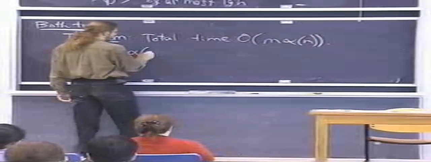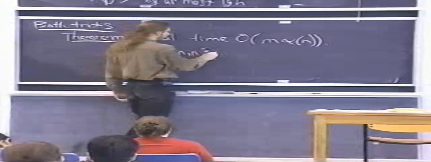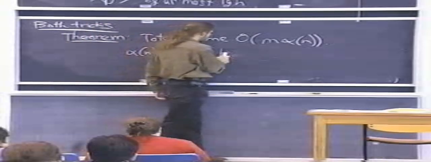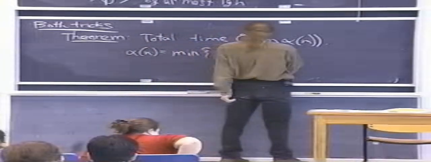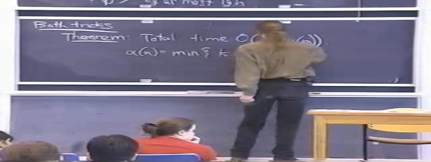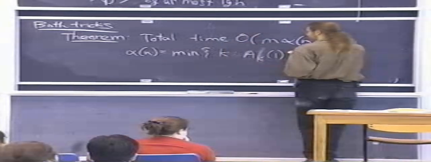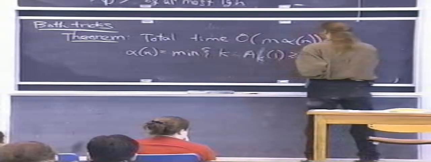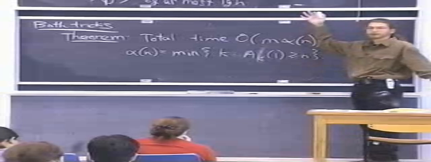So alpha of n is the minimum value of k, let's say, such that Ackermann's function, this is what Ackermann's function will look like, is at least n. Okay, so Ackermann, capital A, is going to be a really fast-growing function.